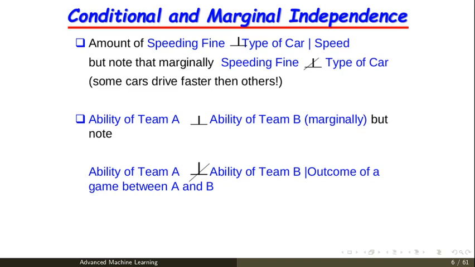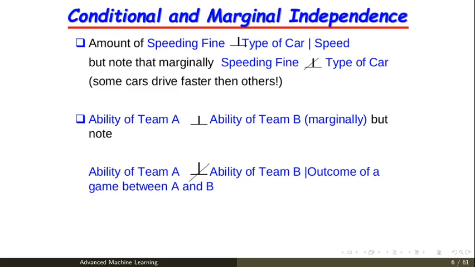So to communicate this message on conditional and marginal independence, given the speed of the car, I am saying that the speeding fine is independent of the type of the car. Conceptually, you understand that if somebody goes at 100 kilometers per hour, then the probability of getting fined is independent of what type of car he drives.